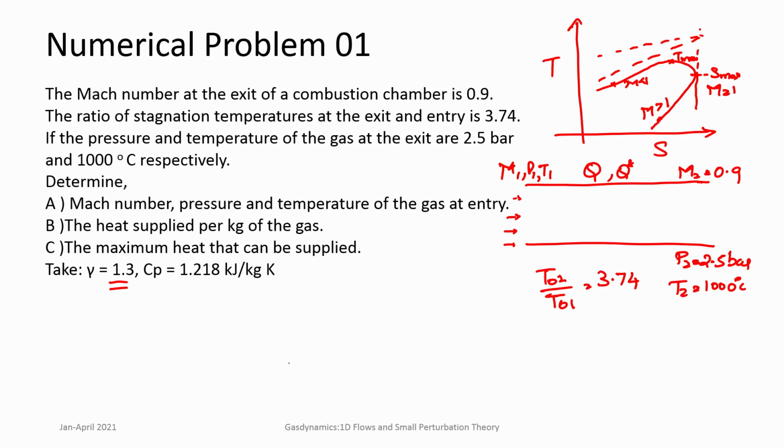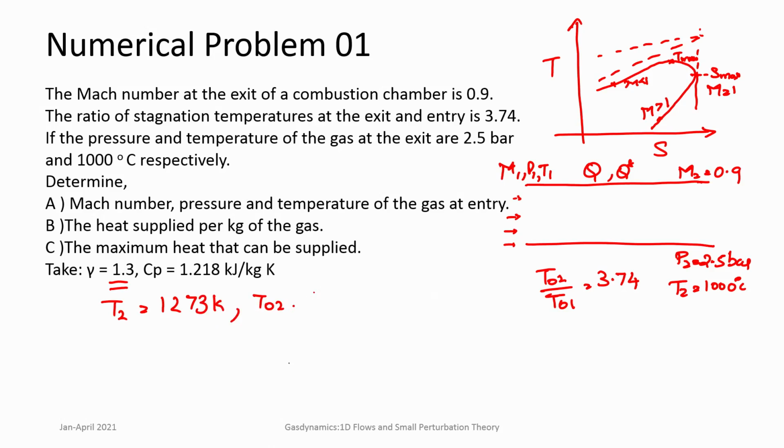So, for this what do we look at? We know T02 by T01 and we know M2. From there we should be able to get T01 by T01 star, and therefore get M1. Is T02 known? The static temperature T2 is known, it is 1273 Kelvin, and T02 is not known, but the Mach number is known.